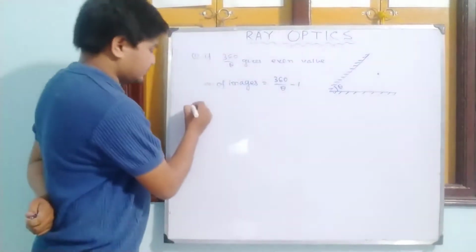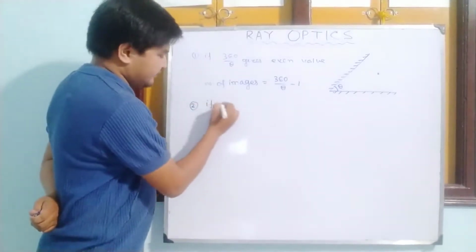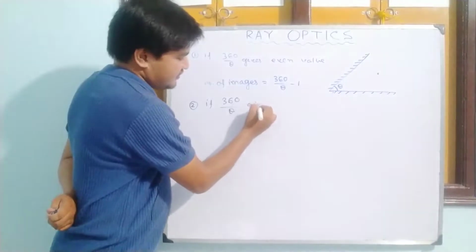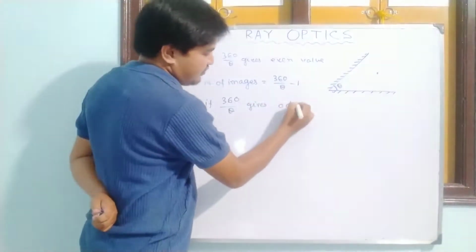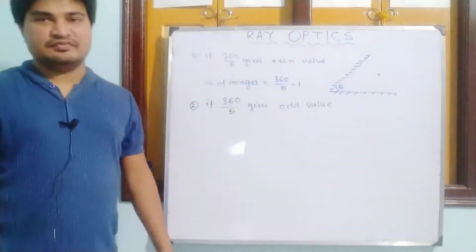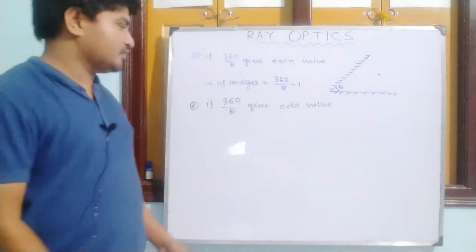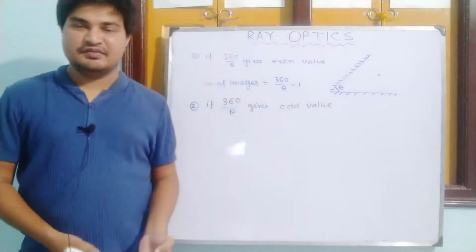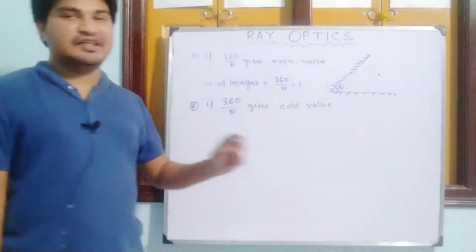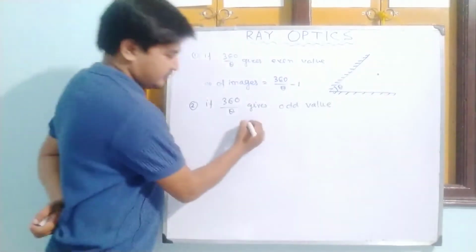But if 360 by theta gives an odd value, like if theta equals 40 degrees, then 360 by 40 equals 9. In that case, what will happen? Now, two different conditions will arise.